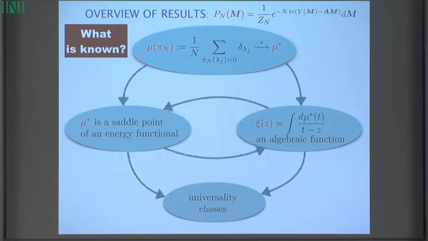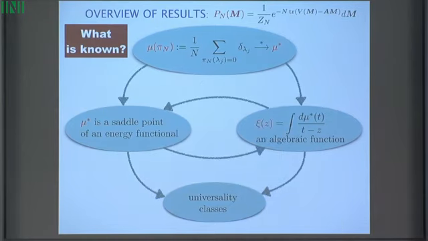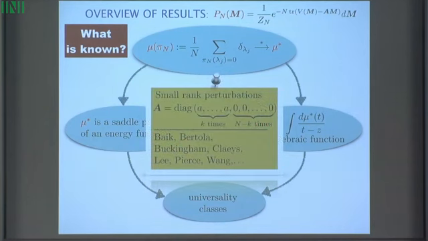It's the classical, totally symmetric case, so imagine you have an even polynomial and also the proportion of eigenvalues A and minus A are exactly the same, and there have been results by Aptekarev, Bleher, Eynard, McLaughlin, Kuijlaars, and Zinn-Justin. Another case that's been studied, and Tom also, if I'm not mistaken, has studied this case.